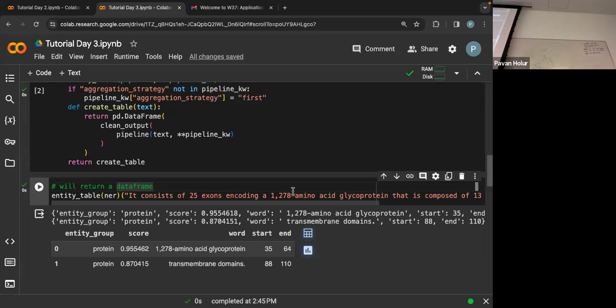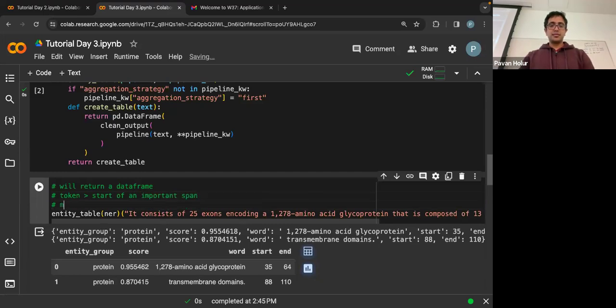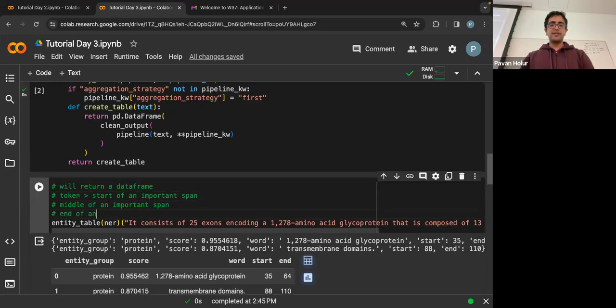So for example, if I take a token, this token would be classified into start of an important span, middle of an important span, or the end of an important span. Span is a text span, right? Like a text phrase, if you will. So every token is classified into one of three things.